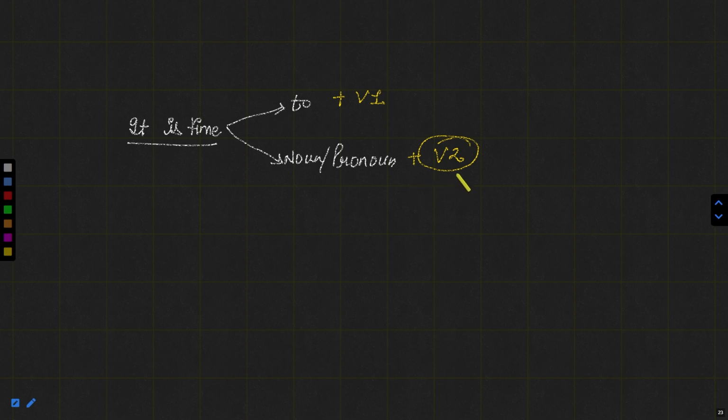It means second form of verb that we call past indefinite tense, that we call simple past tense or past indefinite tense. Now this strictly should be past indefinite tense. It cannot be any other like present perfect or any modals. No, not at all. It should be strictly past indefinite tense, no modal, no other verb. It should be past indefinite tense, that means second form of the main verb.